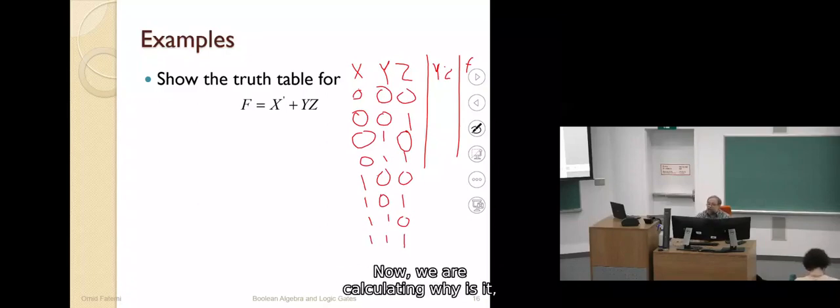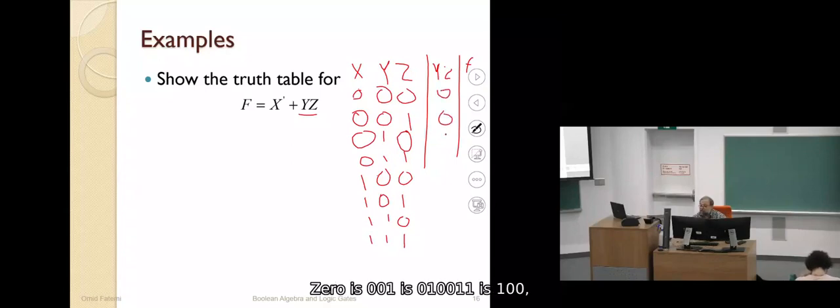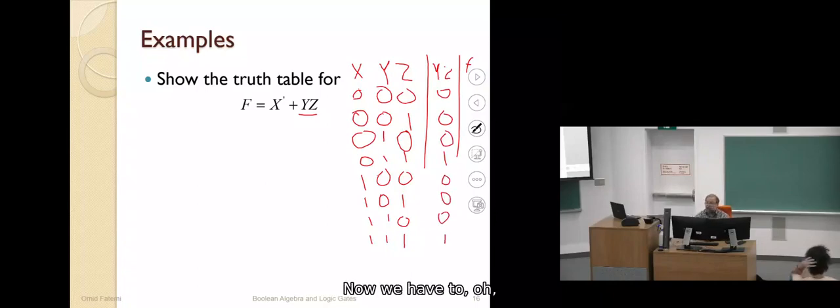Now we are calculating yz. yz is the AND of y and z. 0 0 is 0, 0 1 is 0, 1 0 is 0, 1 1 is 1. Again, 0 0 is 0, 0 1 is 0, 1 0 is 0, 1 1 is 1. So this is yz.